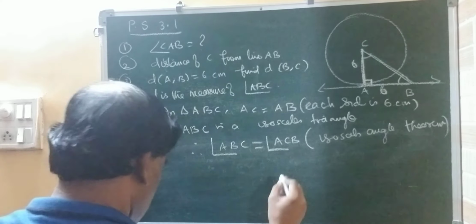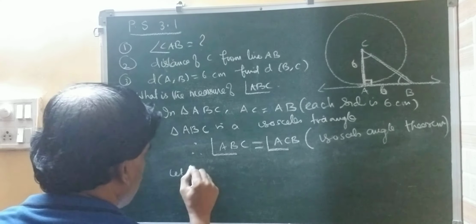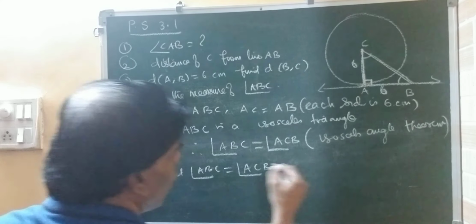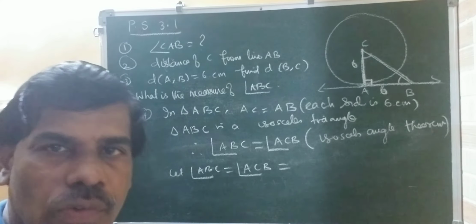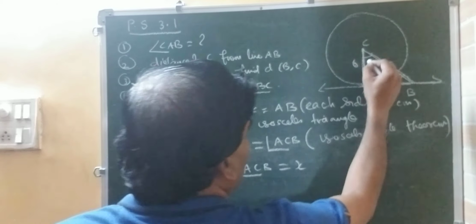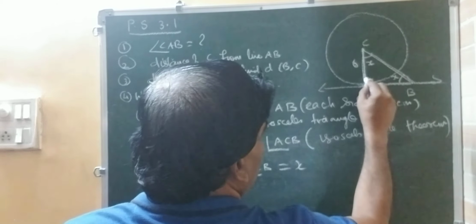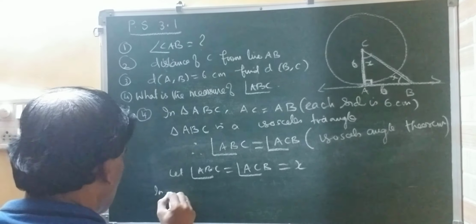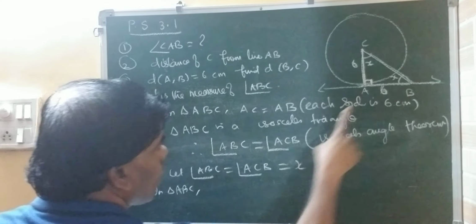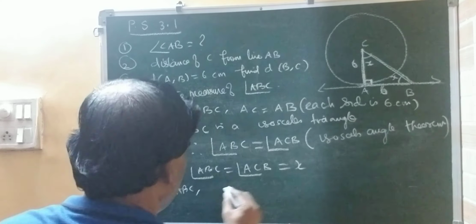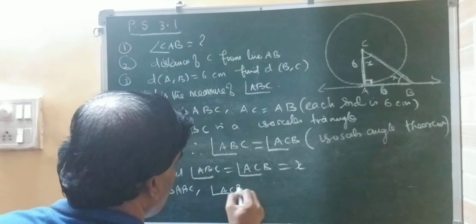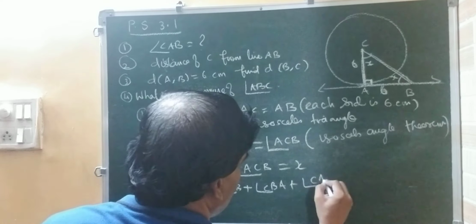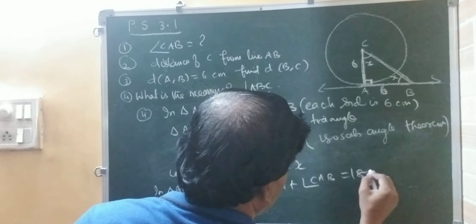So let them be x. Angle ABC equal to angle ACB. We do not know the angle, but both are equal. So we will take it as x degree. So x, x. What about this? 90 degree. Therefore, in triangle ABC, angle ACB plus angle CBA plus angle CAB equal to 180 degree.